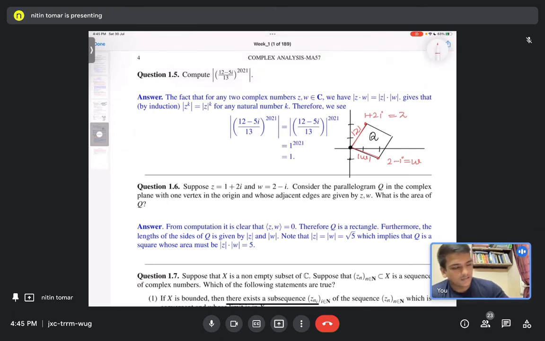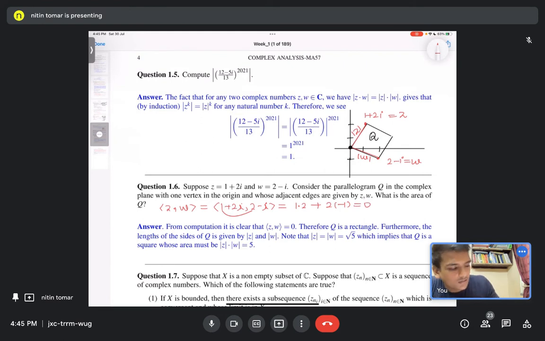First of all, note that Z and W are orthogonal. Why? Compute Z comma W, that is 1 plus 2 iota comma 2 minus iota. How do you take the inner product in the complex plane? You multiply the corresponding parts. So it is 1 times 2, plus 2 times minus 1, so it is 0, right?